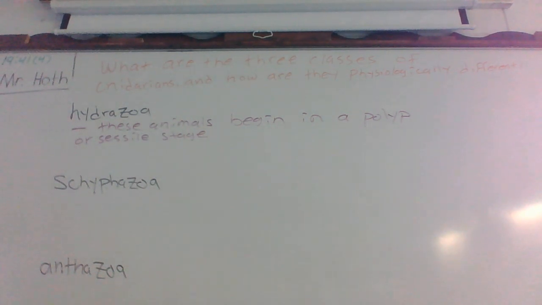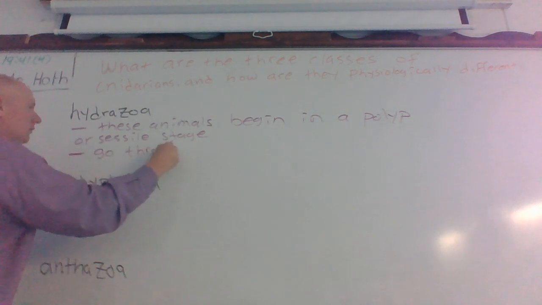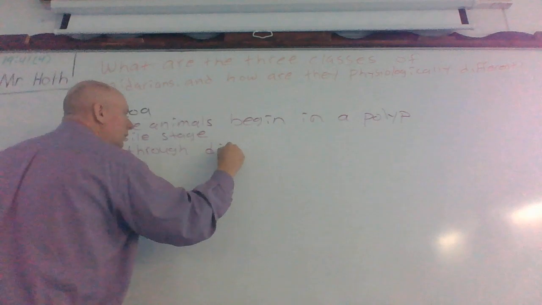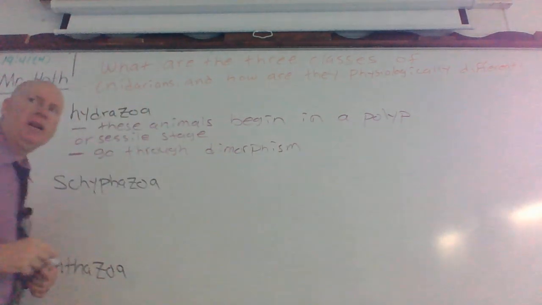What is unique to some of these animals that they do? It was one of your vocab terms as well. Yeah, they go through dimorphism and change into what? Nope. Close. Don't look at this in Greek mythology.